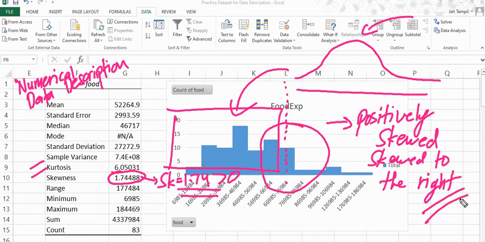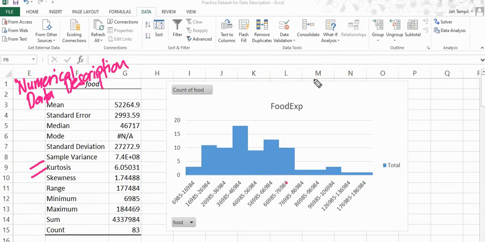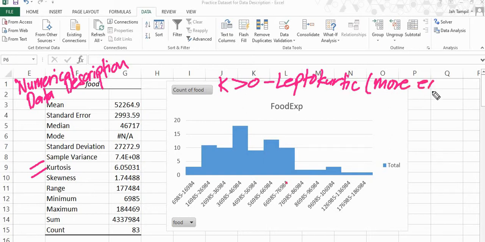How about kurtosis? So first, let's review our kurtosis. If our kurtosis value k is greater than 0, we say that our dataset is leptokurtic, which would mean we have more extreme, very high or very low, very small values.